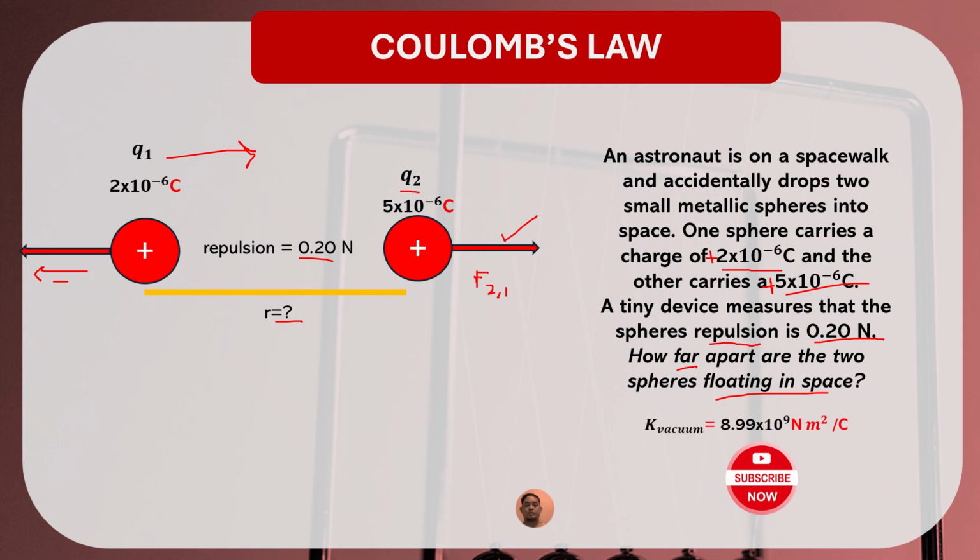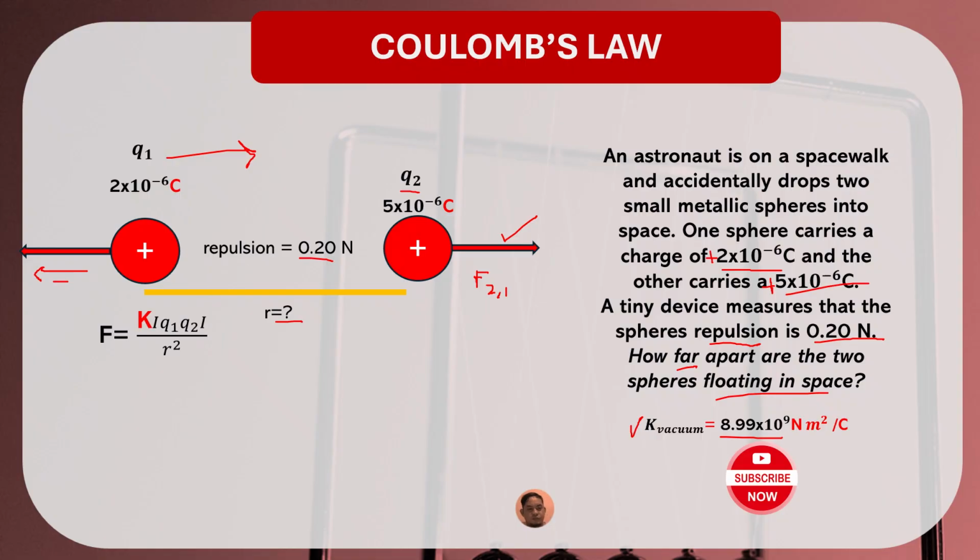How to do it? We will still be using the formula, but by the way, it's in space, the vacuum, so we still use this figure as the Coulomb's constant, or k. We will use the equation in coulombs, and substitute the available values in our problem. But first we will rearrange the formula in order to isolate r, because that's the unknown that we need to know.